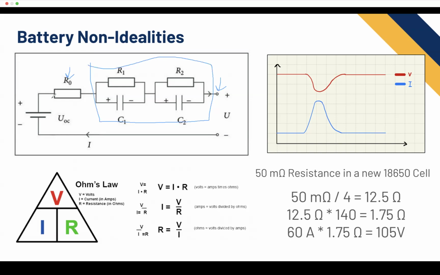There's some resistance in the high voltage wire that is connecting the battery to the inverter and then the inverter to the motor. There's some resistance in the junctions between these components, right? When you have the actual Energus module and then you have the bus bar touching that, that's not a perfect conduction path.